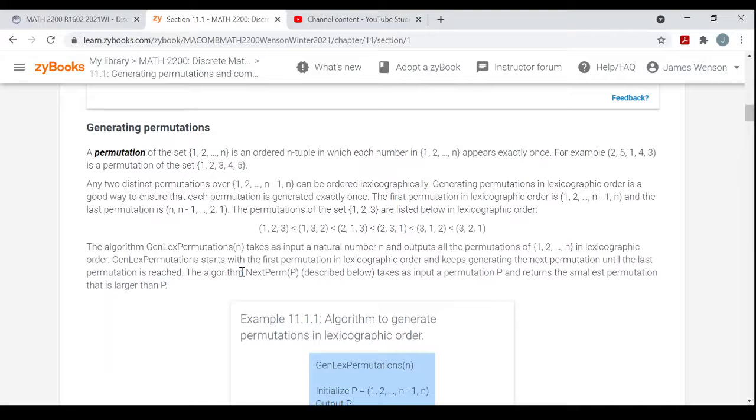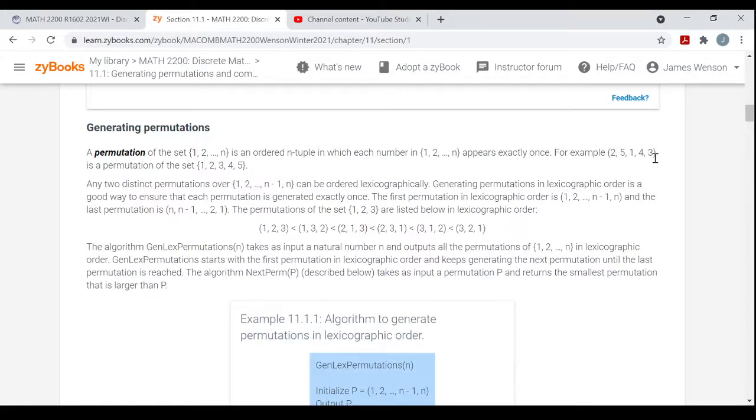Alright, now we're going to be asked to generate permutations. Right? So basically putting permutations, putting tuples in order, in lexicographic order, dictionary order, from least to greatest. So remember, a permutation of the set 1 through n is an ordered n-tuple in which each number appears exactly once.